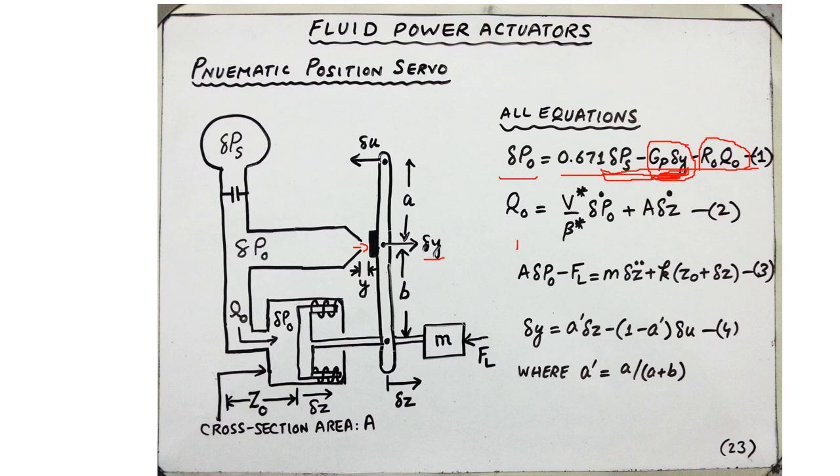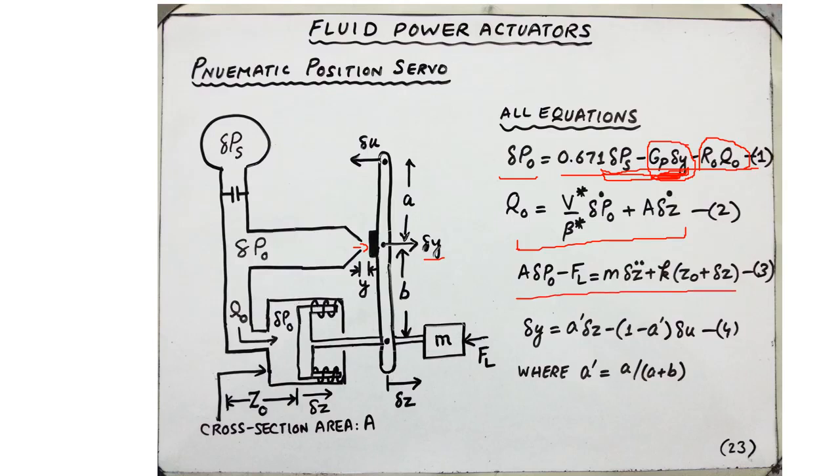And then we also have the capacitance equation, in which we made a couple of approximations by relating the time varying quantities, volume and the bulk modulus, approximating them to their mean values, V static and B static. We also wrote V dot in terms of A times delta Z dot.